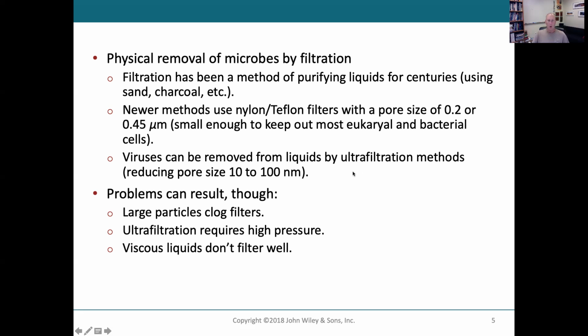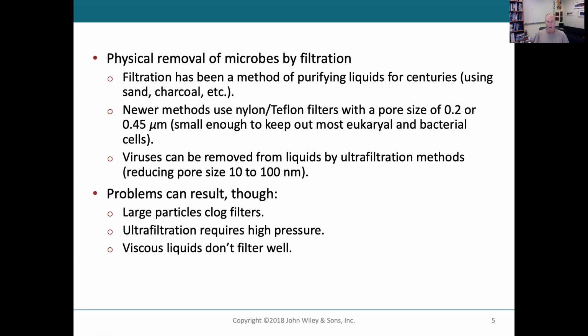Okay. Now, physical filtration is not a perfect solution because filters can get clogged up, especially if you have a lot of turbidity in the water that you're putting in there. Ultrafiltration especially requires a lot of pressure to push the water through these very tiny pore sizes, and any sort of liquid that has much viscosity is not going to do well through these tiny pores, even if you're just talking about 0.2 or 0.45 microns, right?